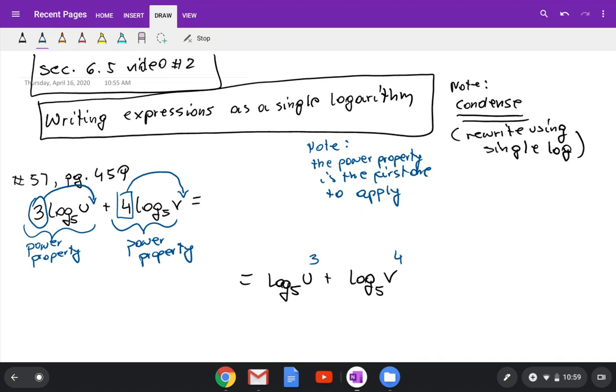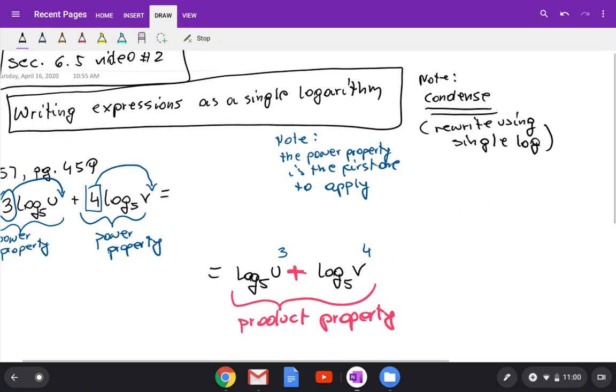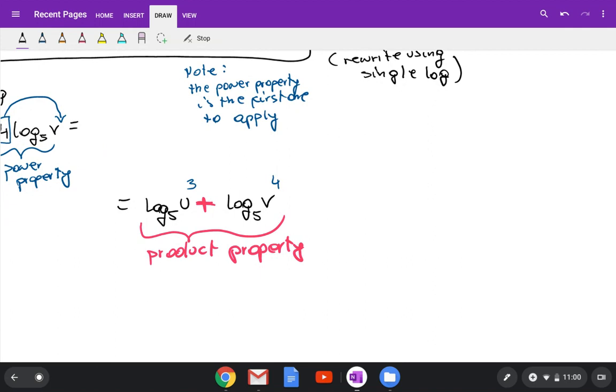Okay, now when you don't have any expressions in front of log, now we can start talking about the product property. The sum of logs is equal to the logarithm of the product. So here we're going to apply the product property next. So we're putting this back, okay? We want to have an answer having only one log.